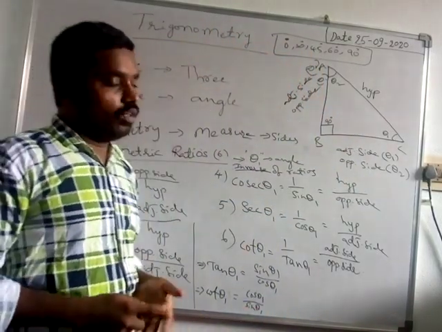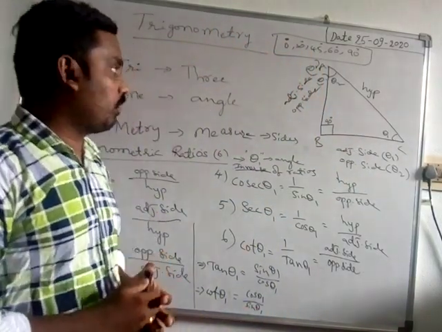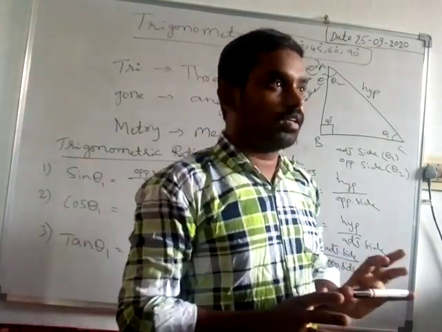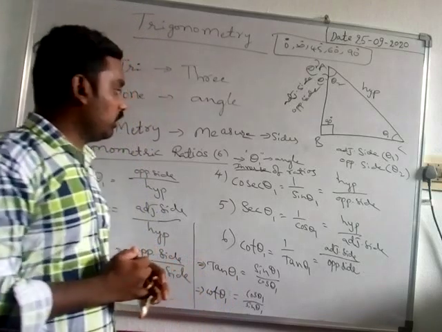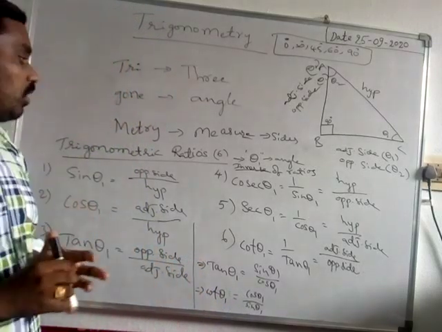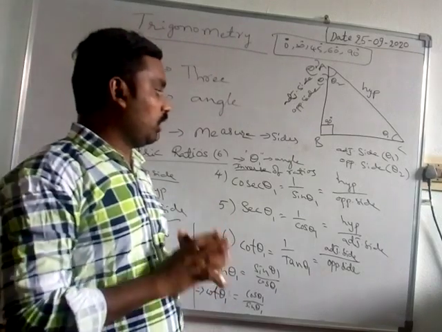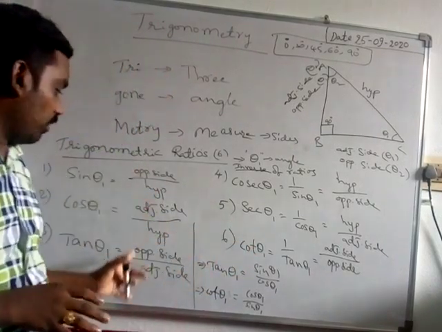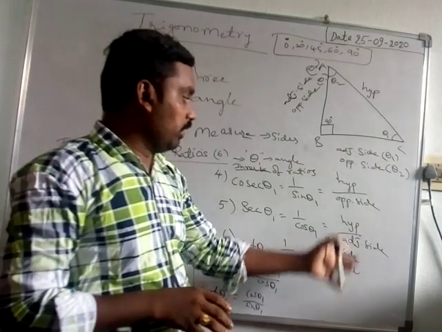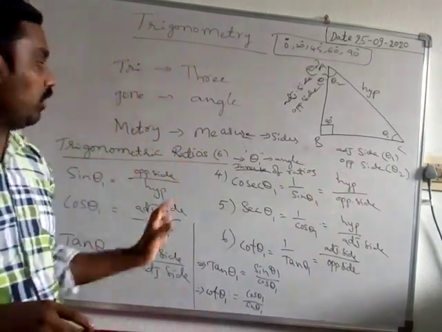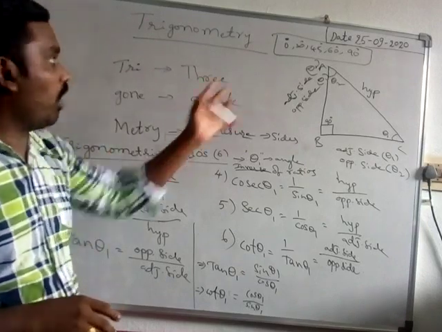Don't memorize them by rote, because after some months or years you can forget. Otherwise, you have to use a technique, and then you can remember very easily. But you have to remember these fundamental formulas, because without them you can't remember these values.